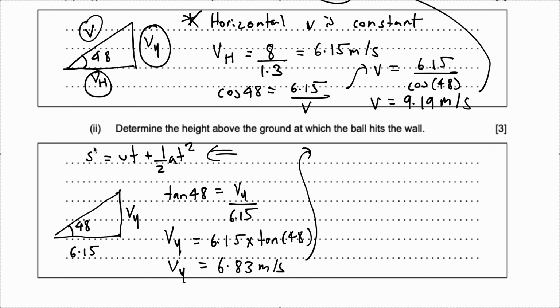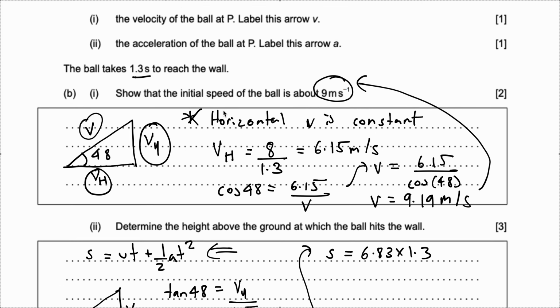So now we can just plug everything into this equation, because we want to find out the height above the ground at which the ball hits the wall. So what's the time it takes to hit the wall? That's 1.3 seconds. So we have all the necessary variables for this equation right here. So s is equal to the initial vertical velocity, that's 6.83, times the time it takes to hit the wall, which is 1.3, which was given right here.